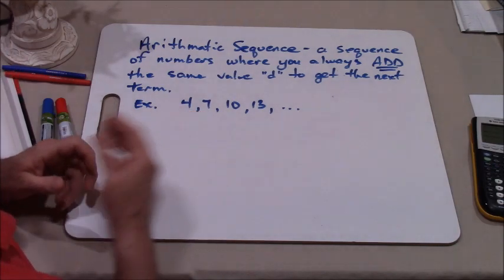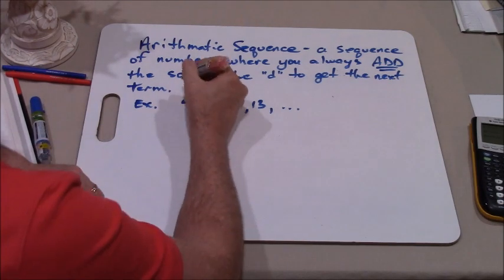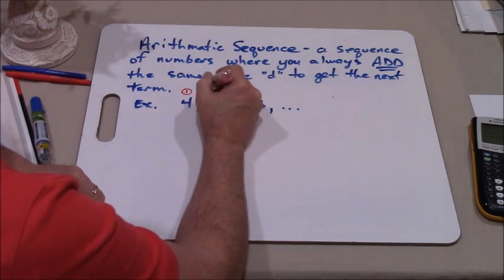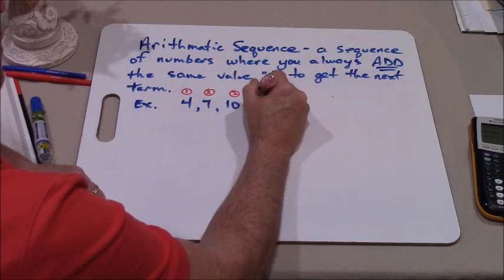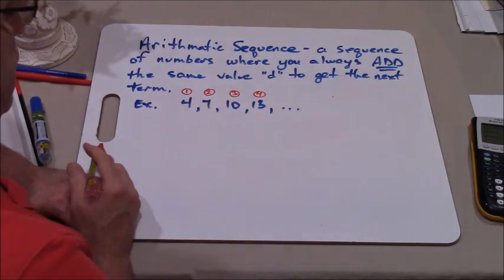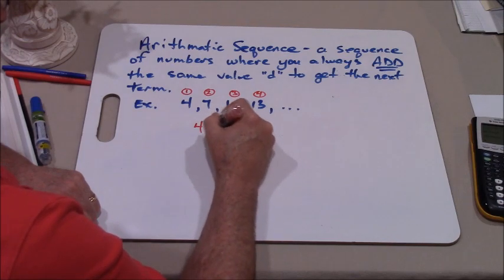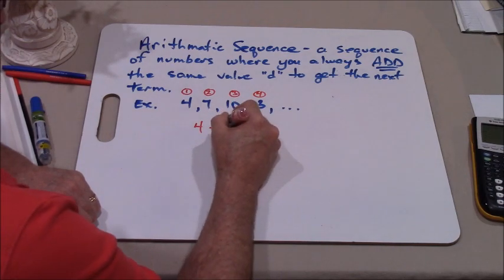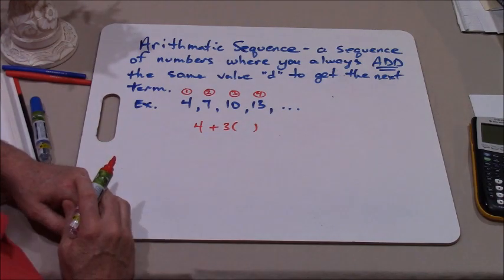But the little kid, he looked at this and he said, well, this is my first term, this is my second, this is the third and fourth. And all I'm doing is adding 3 each time. So what I'm going to do is I'm going to start with 4 and I'm going to add 3s. But the question is, how many do I want to add?